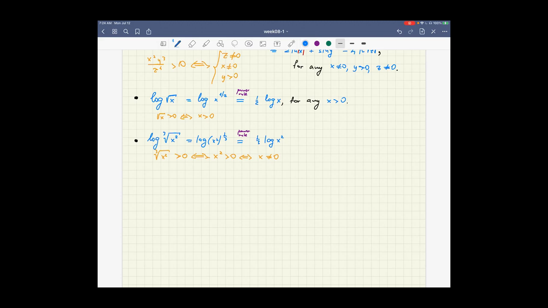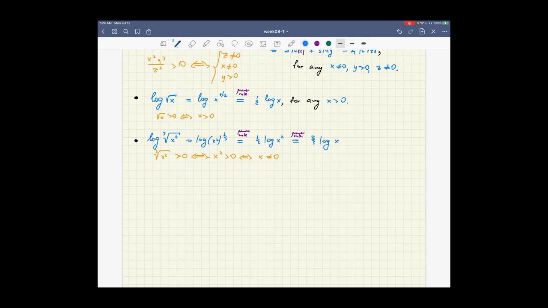And now I need to be careful when I apply the power rule again to bring the 2 down. Because if I just write that this is 2/3 log x by power rule, it creates a problem because now x is allowed to be negative.